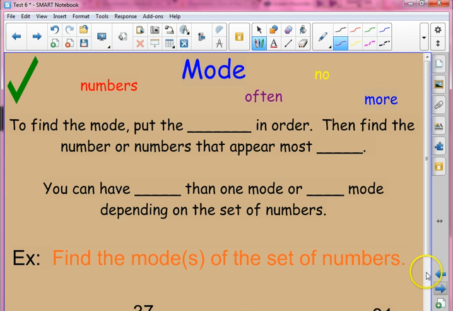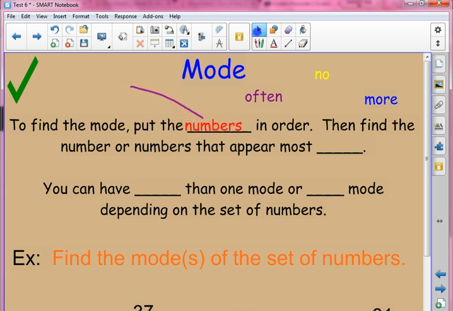All right, mode. To find the mode, put the numbers in order, which in my opinion, you don't really have to do. Then find the number that appears most often. You can have more than one mode or no mode, depending on the set of numbers.